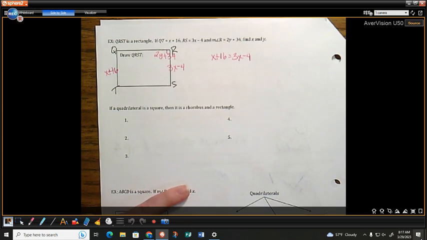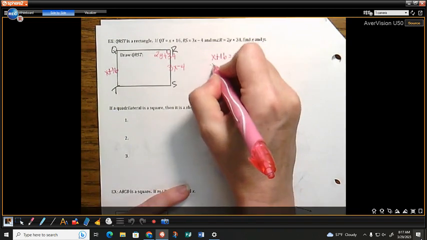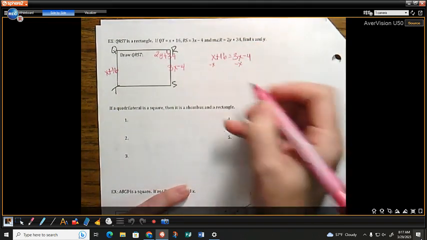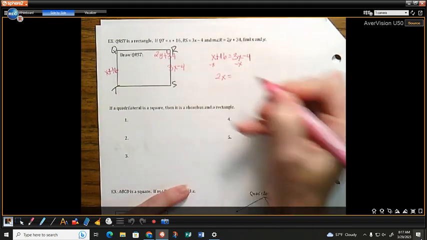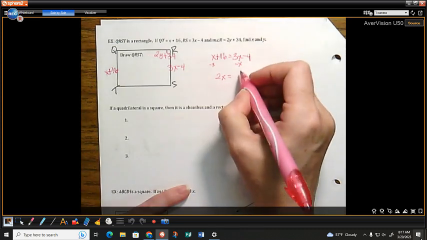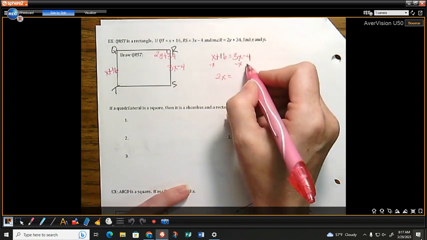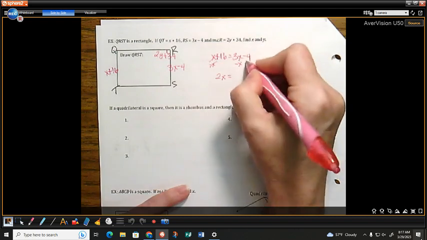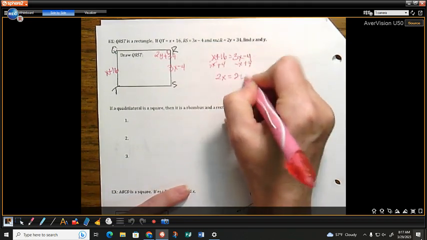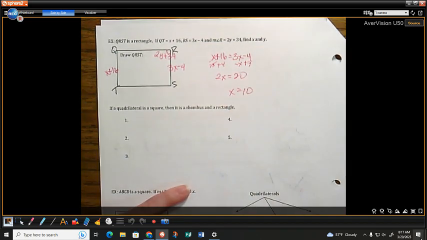Golly, Miss Sorna. As if I didn't already know anything, right? So then 2x equals, x minus x goes away, add the 4, so 2x equals 20 and x is 10? Yes.